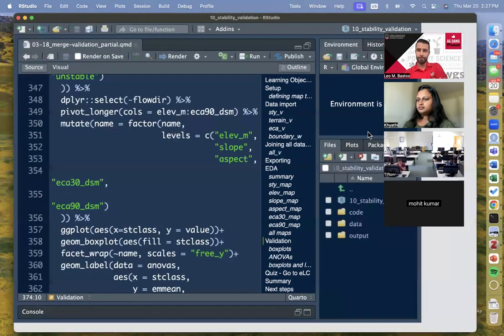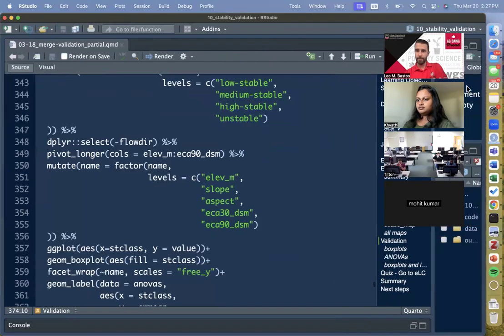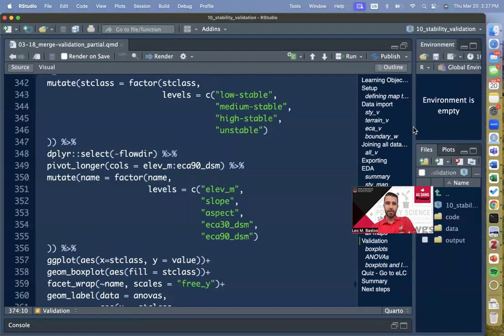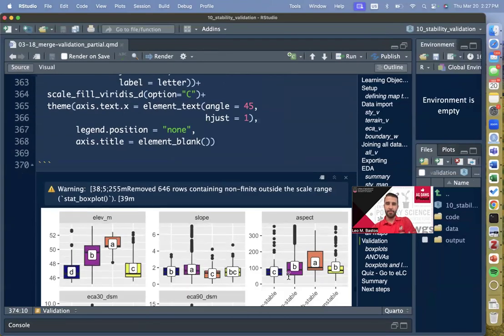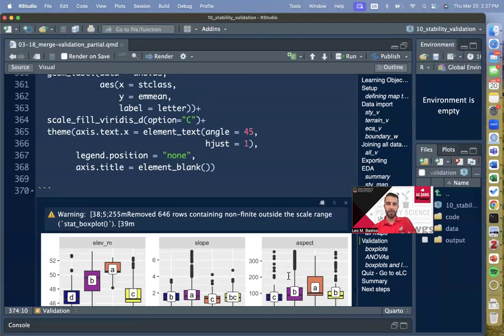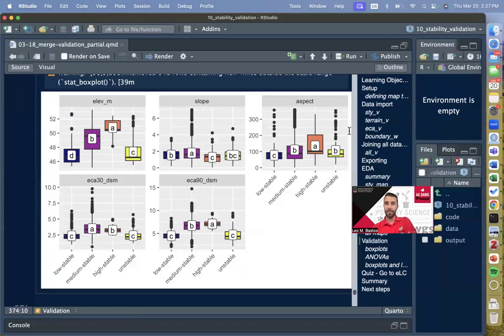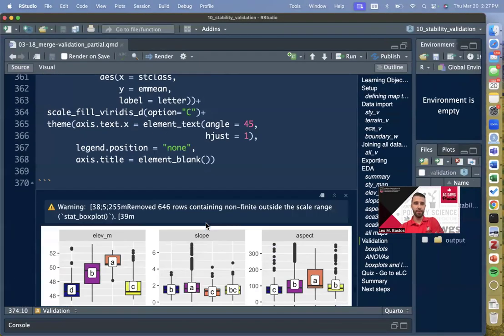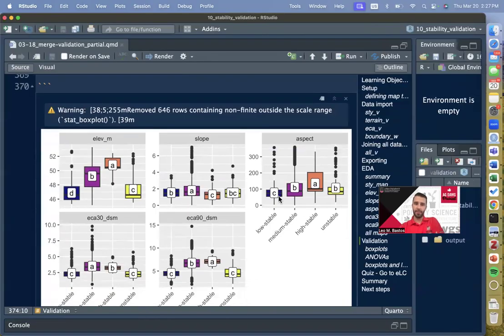As I just relaunched my script, my environment is empty, so there's going to be a lot of chunks that I'm going to have to run just to catch up. And I think we stopped here.